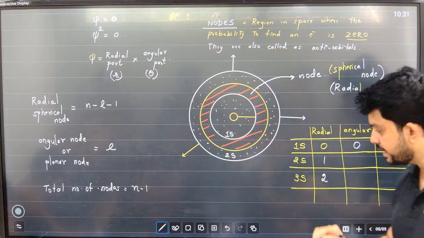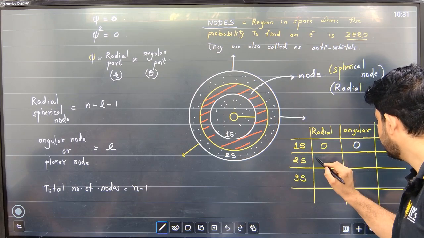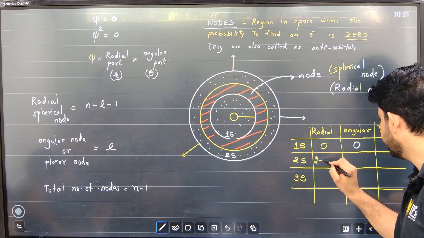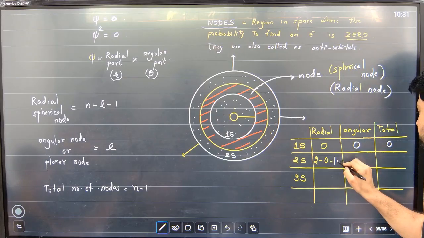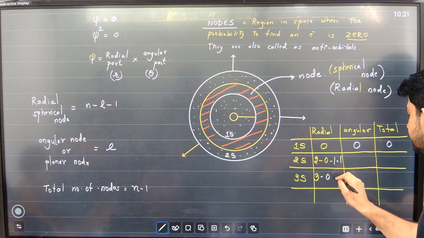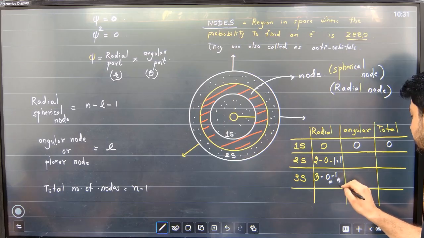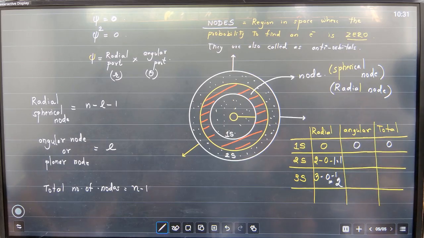You want me to write that in detail over here? 2 minus 0 minus 1. तो कितना हो जाएगा वो? This will be 1. How much is that? Will the s subshell have any angular node? No. Total number of nodes? 2.